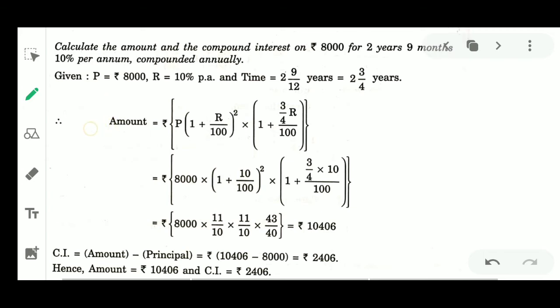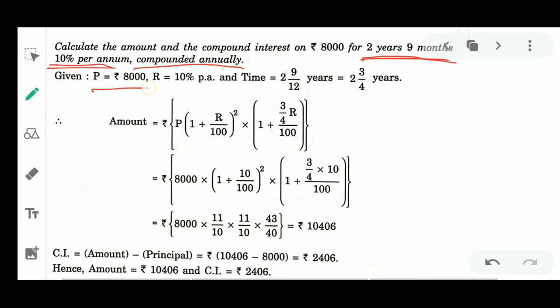Here I have taken an example from your book. Calculate the amount and the compound interest on 8000 for 2 years 9 months at 10% per annum compounded annually. First write down the given data.